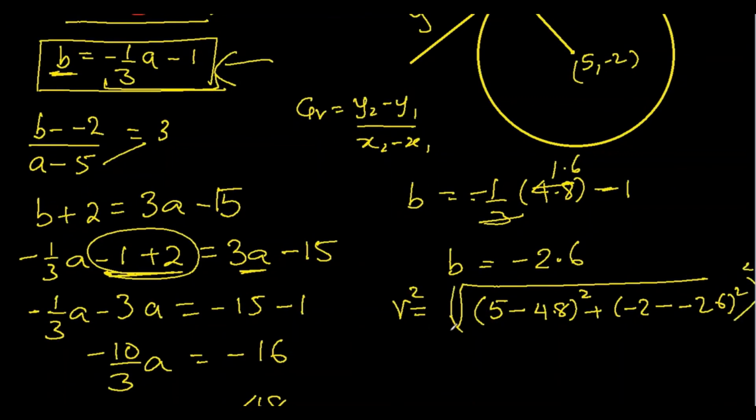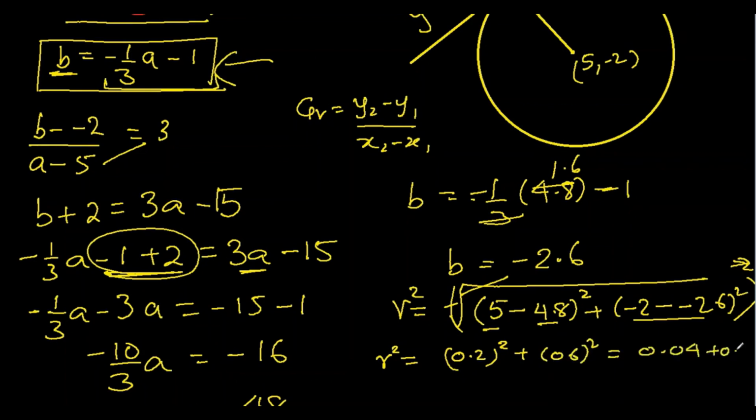Remember, in the equation of a circle we need r square. So r square equal to (5 minus 4.8), which is 0.2, square, plus this will be 0.6 square, which will be 0.04 plus 0.36, which is 0.4.